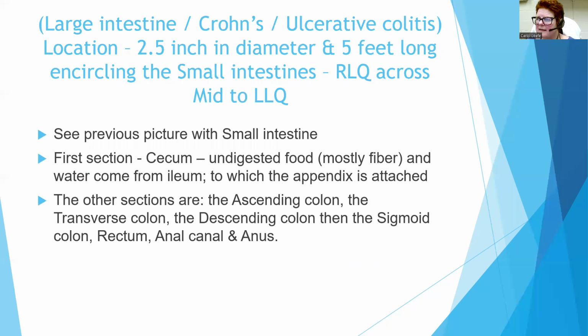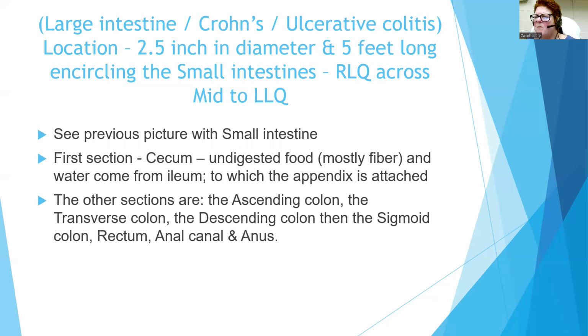In the large intestines, Crohn's can happen there as well as ulcerative colitis, which is usually in the descending colon, sigmoid, rectum, anal canal, and anus. And then Crohn's, like I said, can occur in the small intestine, large intestines, all the way up.